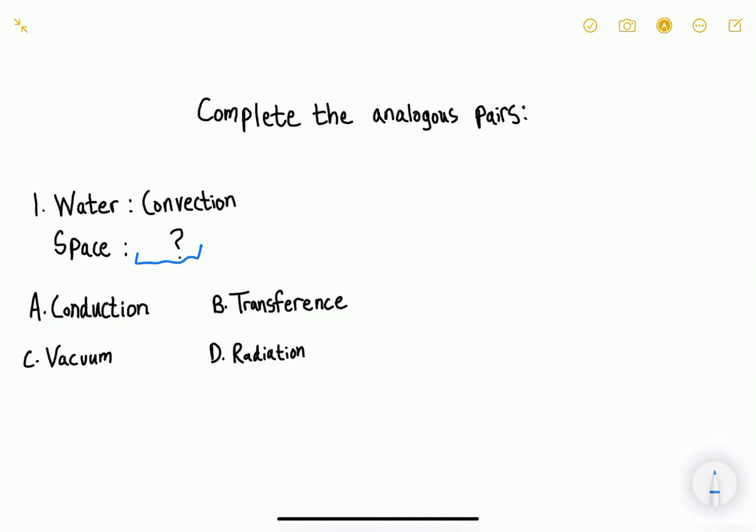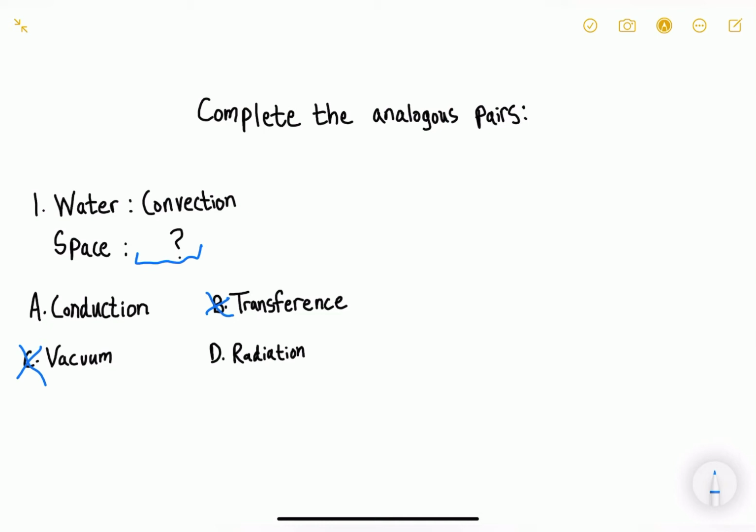Okay, and we already know that C is not the answer and B is not the answer. Why? Because transference is kind of the thing in between. What I said is the second is the mode of transference of the first, meaning it can't be B because transference is just the description and vacuum has nothing to do with it.